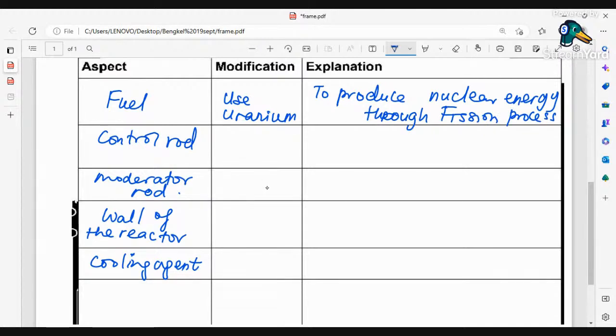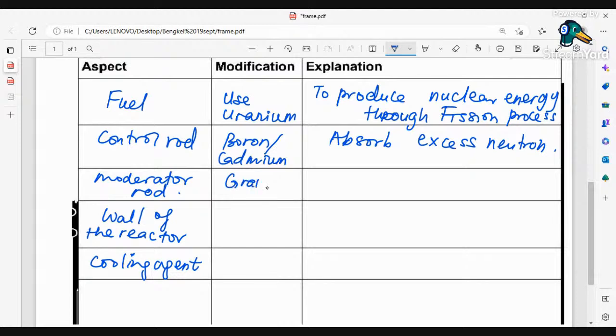Okay, control rod, use boron or cadmium. Cadmium also can. Boron is to absorb excess neutron to control the chain reaction.